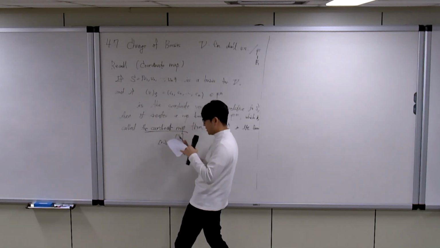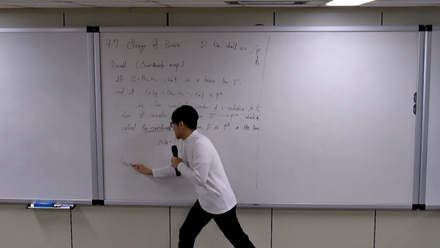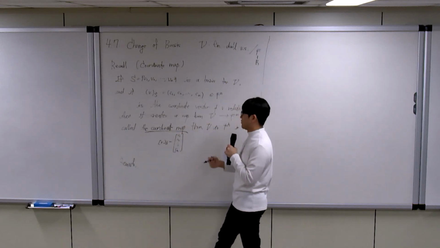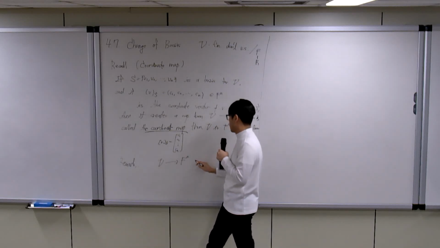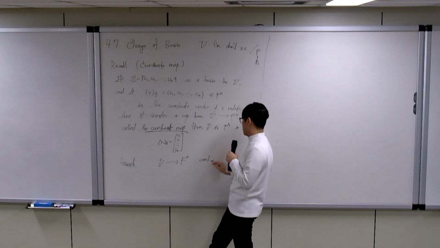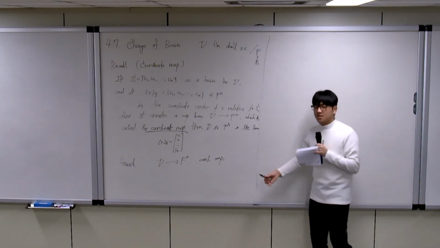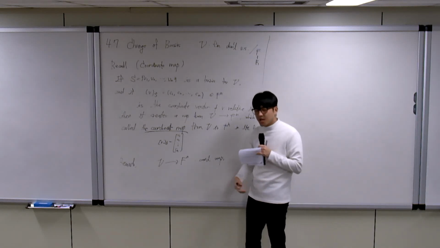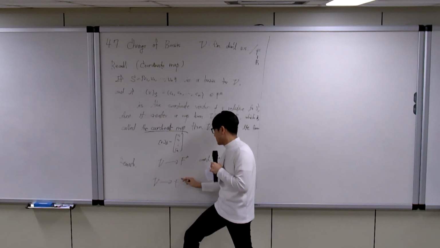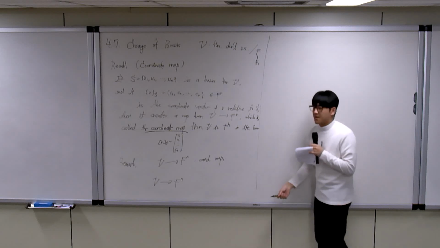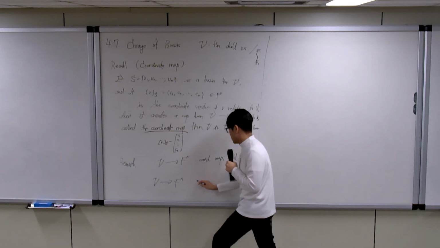So I mean, if you already have one coordinate map, and it is hard, then you will change the basis. That means you want to find a new coordinate map.